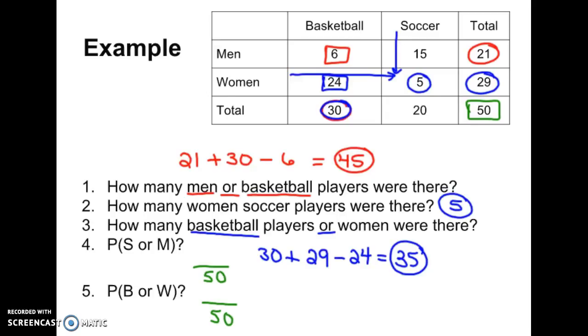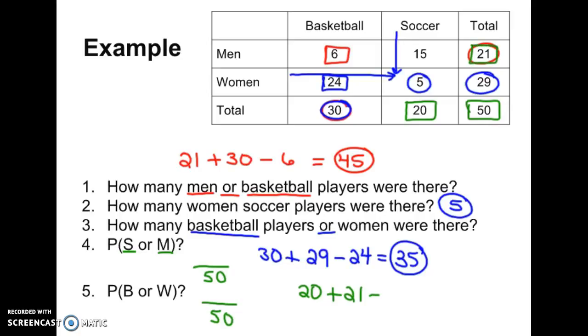All right, number 4 wants to know the probability that somebody played soccer or is male. So again, it has the or statement. There are 20 total people that played soccer. As far as the number of males, there are 21 total males.